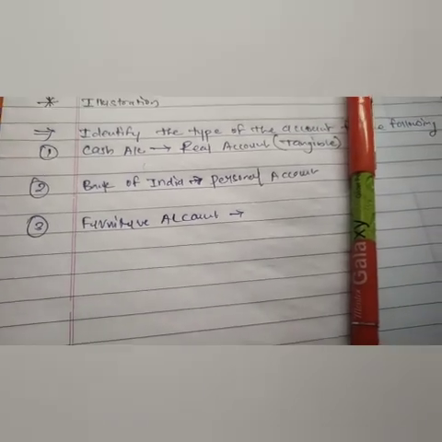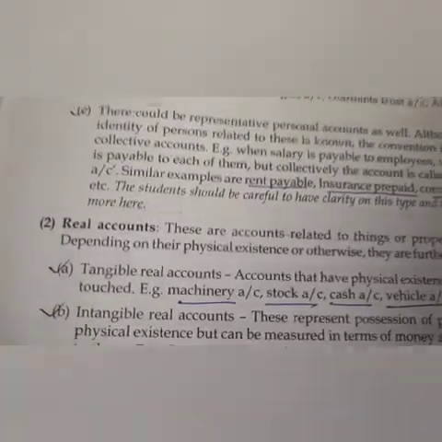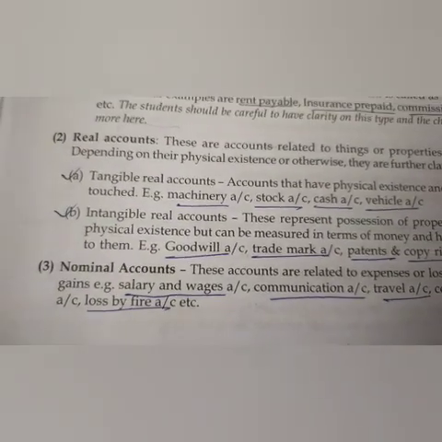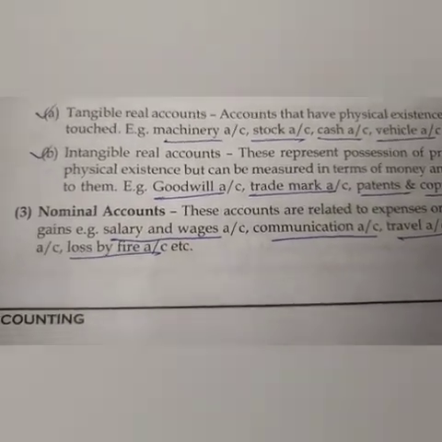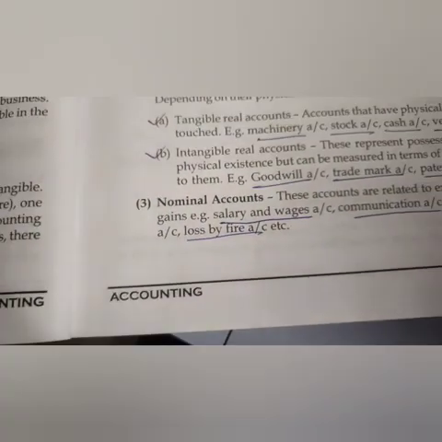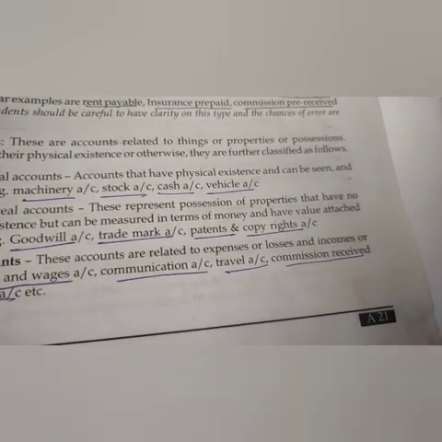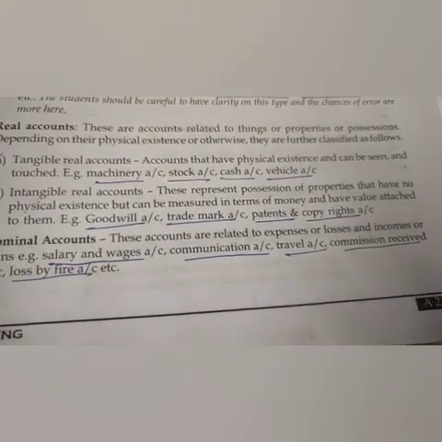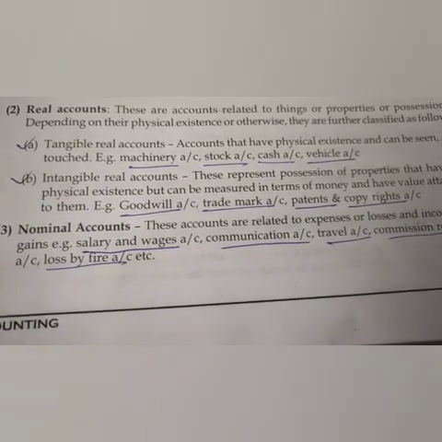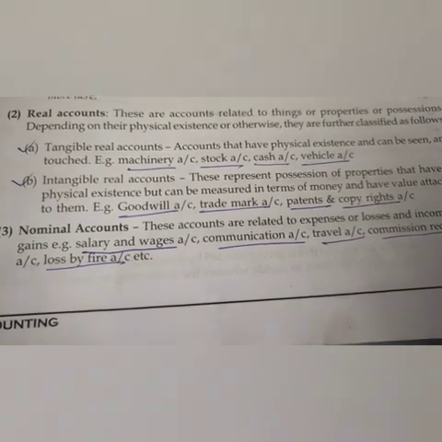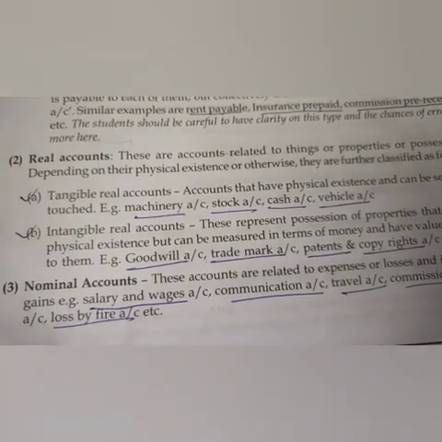Third illustration is a furniture account. Under which category will the furniture account come: personal account, real account, or nominal account? Suppose we predict it comes under the nominal account. Let us see the rules for the nominal account. These accounts are related to expenses or losses and incomes or gains, such as salary and wages, communication, travel, commission received, loss by fire, etc. Furniture doesn't come under the nominal account.